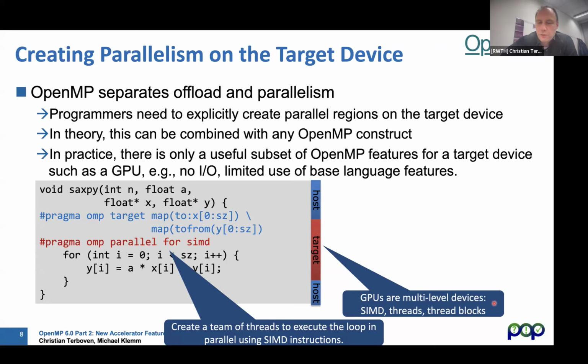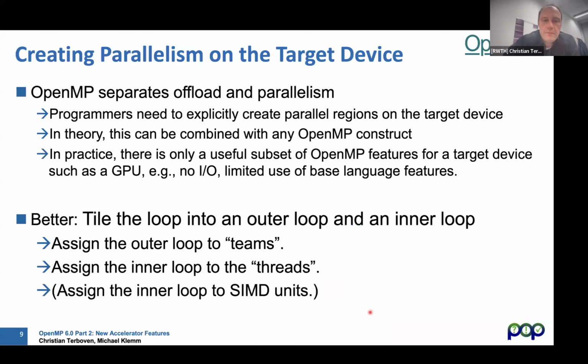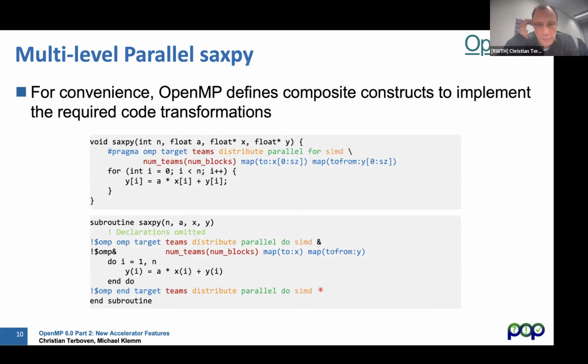So GPUs, if you looked at them, are multi-level devices. We have thread blocks, we have individual threads, and they are most efficient if executing SIMD constructs. So instead of the parallel for with or without the SIMD, we needed something in OpenMP to express parallelism in a hierarchical way. So we call this teams. That means we have multiple OpenMP parallel regions executing inner loops with threads, meaning multiple individual OpenMP teams, and then possibly also using SIMD units.